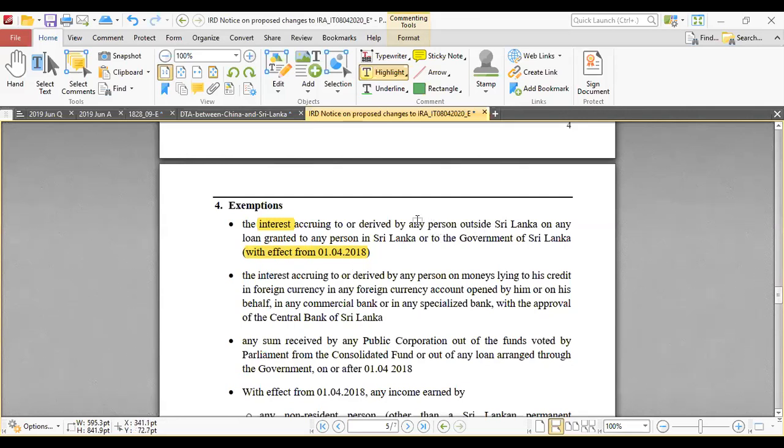Interest paid to, or derived by, any person outside Sri Lanka on any loan granted to a person in Sri Lanka. This is with effect from 1st April 2018.